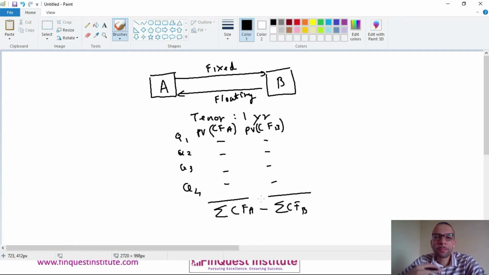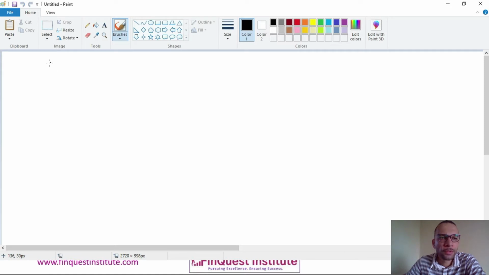Now before we go to the pricing bit, we'll try and understand the mechanism of the underlying curves which are used in swap pricing, because these are like the building blocks on which the entire swap pricing engine is built. We'll talk about an example of a plain vanilla USD IRS.